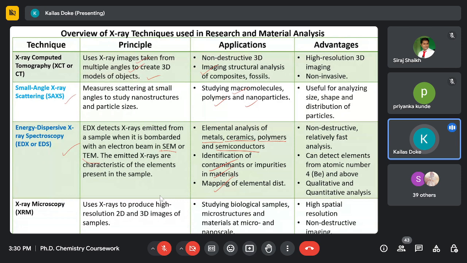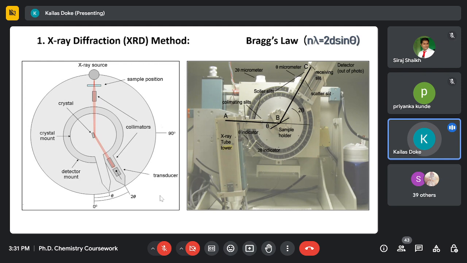So let's begin with a revision of X-ray diffraction. Everyone is aware of this diagram. X-ray instruments, the title of this course is instrumental analysis. So, in X-ray diffraction, how is X-ray generated? In the X-ray tubes. This is the source of X-rays. A parallel beam of X-rays is produced and falls on the crystal sample.